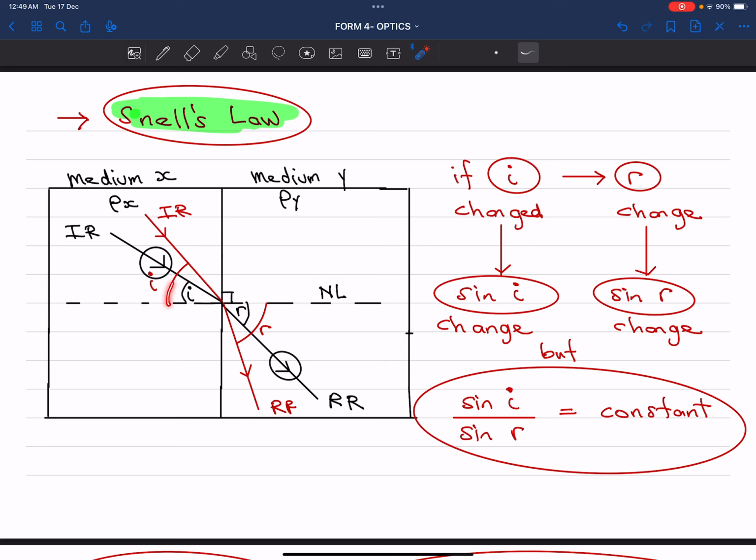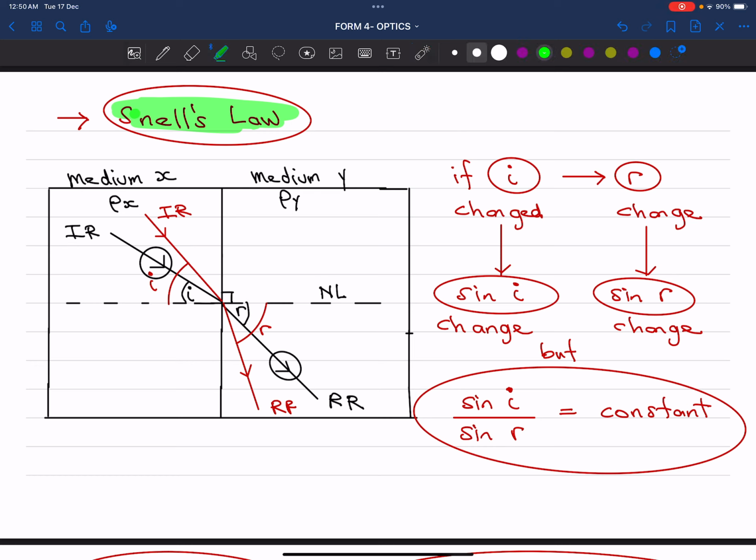So when I change the incident angle I, the R also will change. So now I have the refracted ray, red one, with a bigger angle of refraction, which means in this refraction, when the I changes, the R also will change.